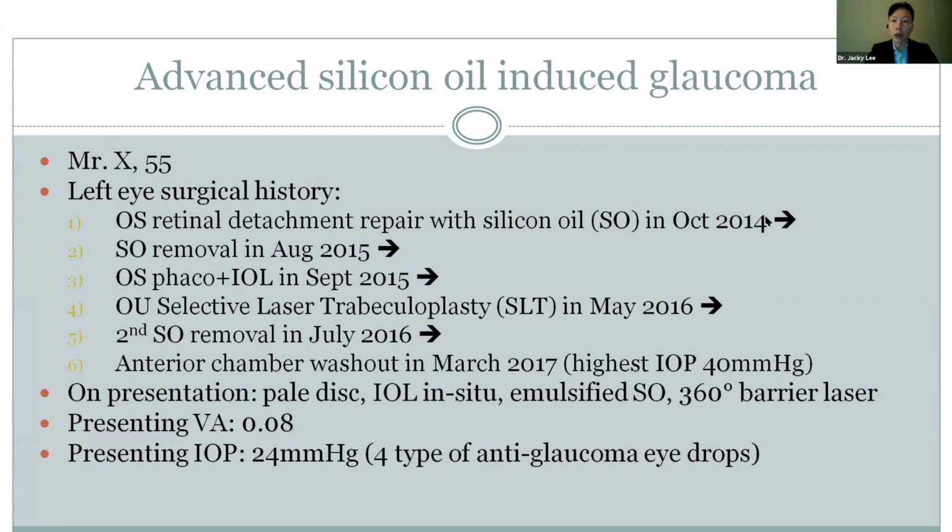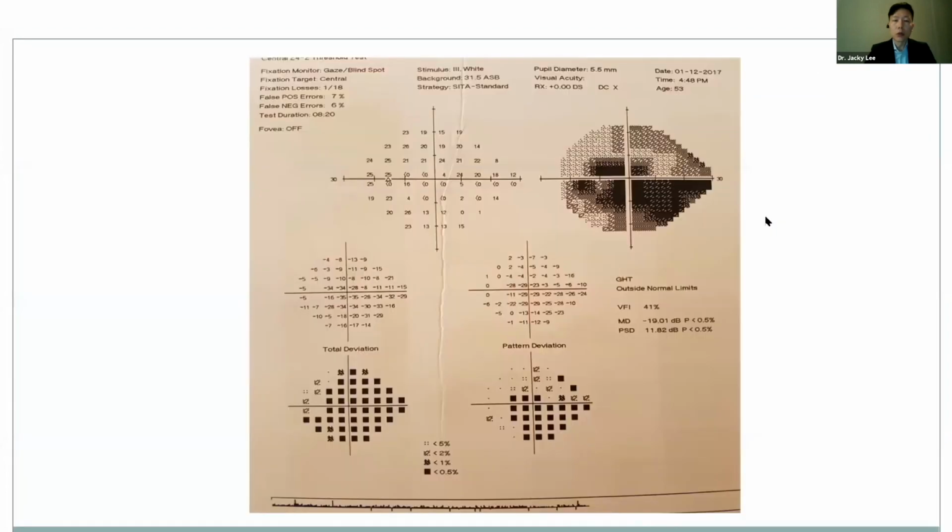The presenting VA was quite poor, only around 0.08. At that time, the pressure had gone down slightly to 24 on 4 types of anti-glaucoma medications. But given the severity of his case, we know that 24 is quite far off his target pressure. This was his visual field, showing very dense inferior defects already when he came to see us.